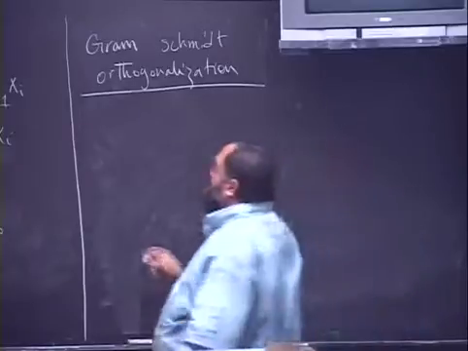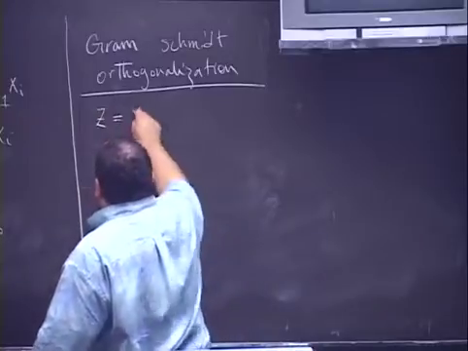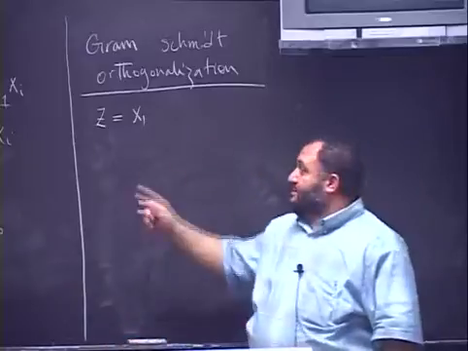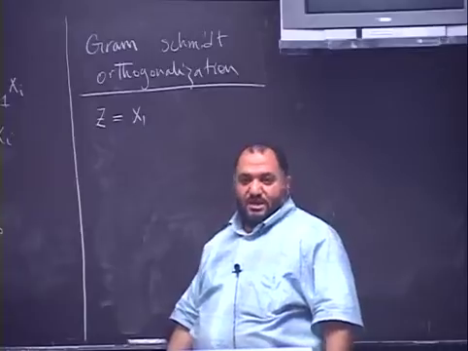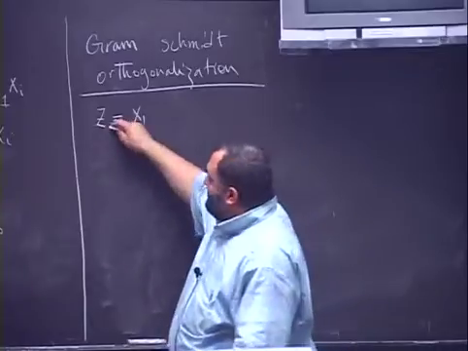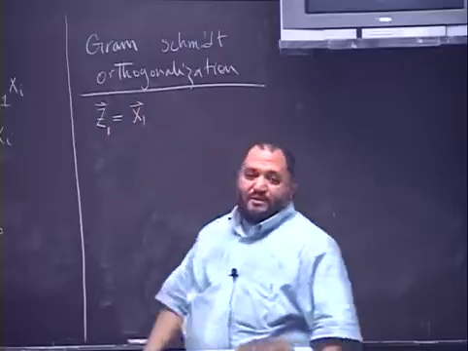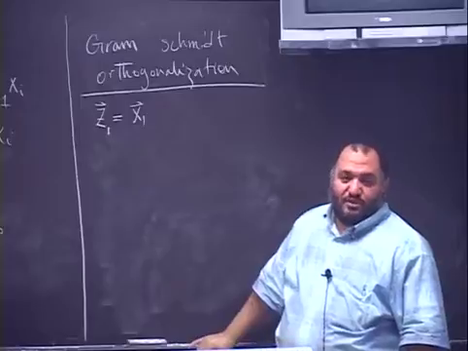Simply, we'll take the first vector x1, which is one of the vectors that are not mutually orthogonal. And I will call the new set of vectors z1, z2 and so on, which will be mutually orthogonal.